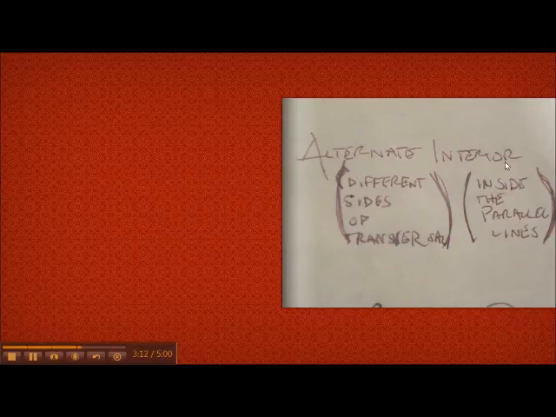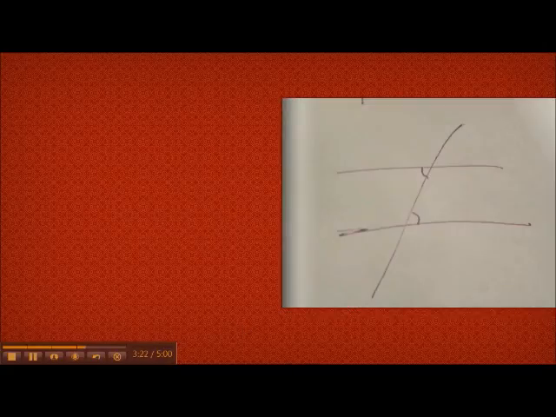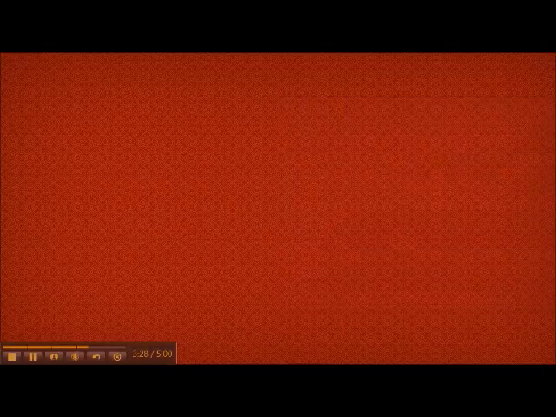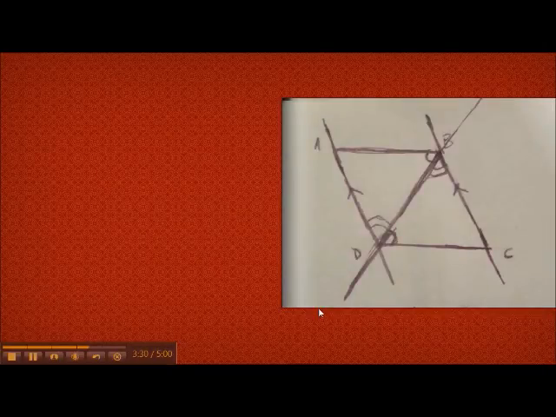Now alternate interior, if you haven't learned it yet, are just on different sides of the transversal line, but they're both inside the parallel lines. And we can see it in a different way. Sometimes it's written sideways, and our picture is turned a little bit. So turn back. Notice these are both inside the parallel, but on opposite sides of the transversal.